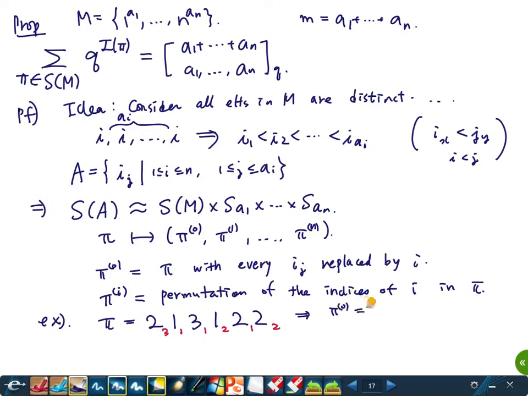You just forget about these subscripts: 2, 1, 3, 1, 2, 2. Is that right? And what is pi^1? You look at 1 and you just record the subscript. It's going to be 1, 2.